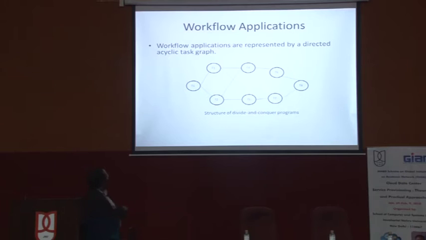But because they may have different running times, or maybe they are sharing resources, and also sharing the network, maybe this one is scheduled on a machine in China, and it has to send that data to this guy. It takes much more than just looking at the longest path.